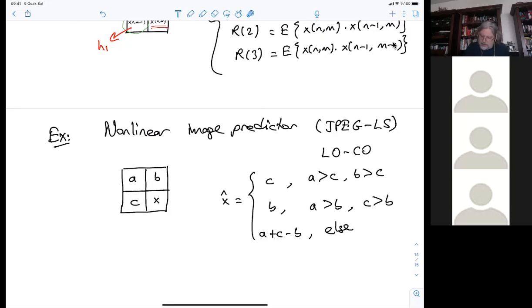The conditions of this or this can be inverted to become positive as well for these. And the else condition will stay the same because we are trying to average a, b, and c. But notice that there is this kind of an approach for the most accurate design of this LOCO.